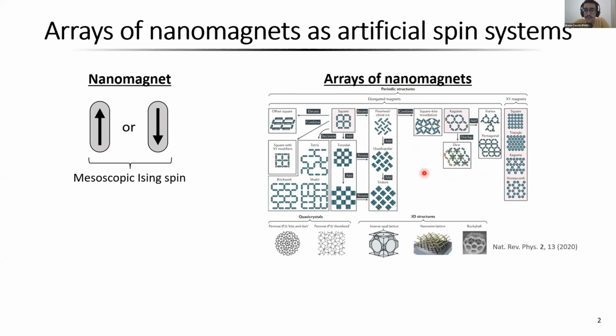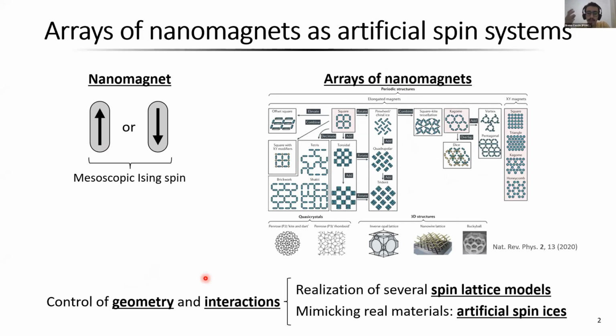In this image, I'm showing some of the various lattices that have already been reported in the literature. Such systems can be easily fabricated with lithography techniques, and this gives you direct control over the lattice geometry and the interactions between these nanomagnets.